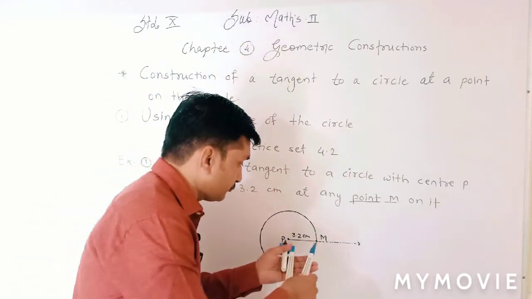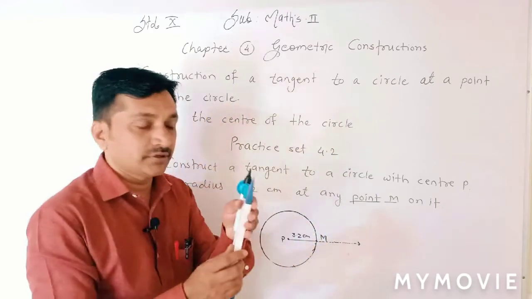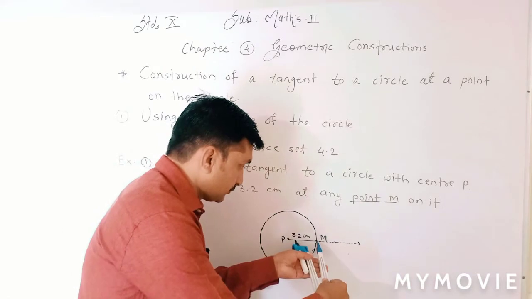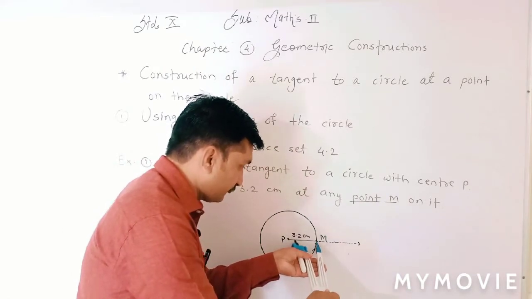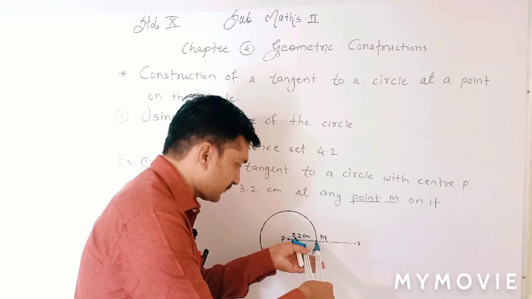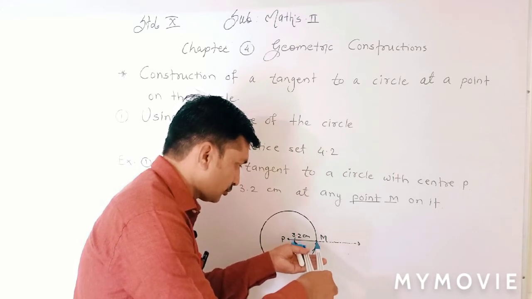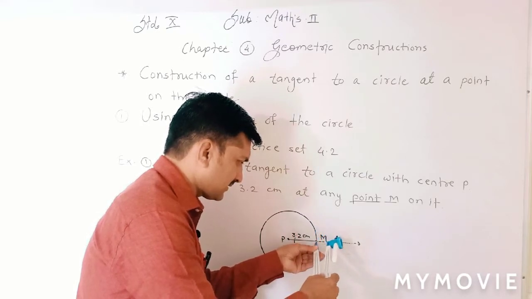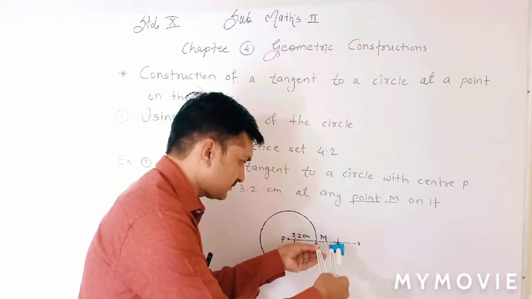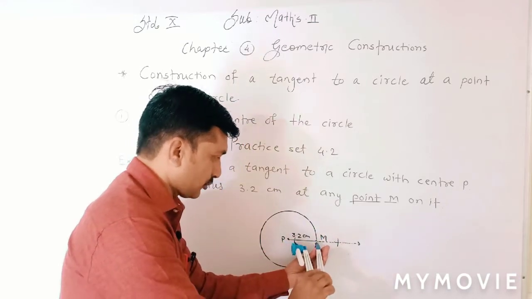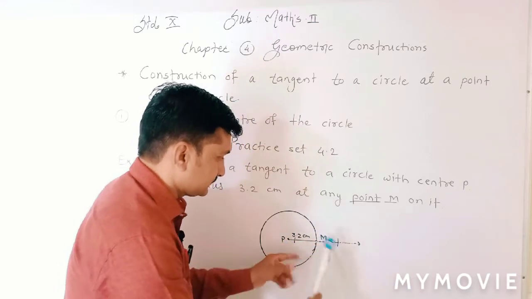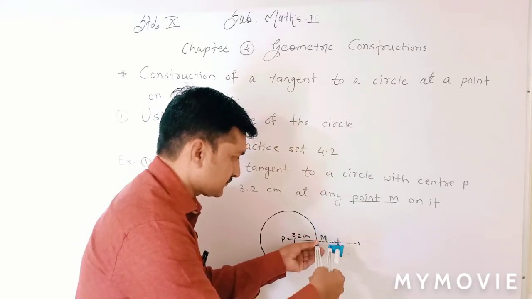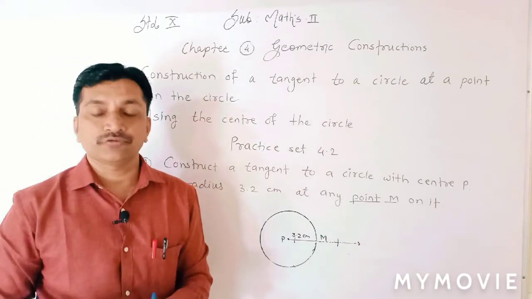Keep the pointed end at M, and with sufficient distance draw one arc on the left, and with the same distance draw one arc on the right side, the same distance from M on right and left. Now we got the fixed distance.